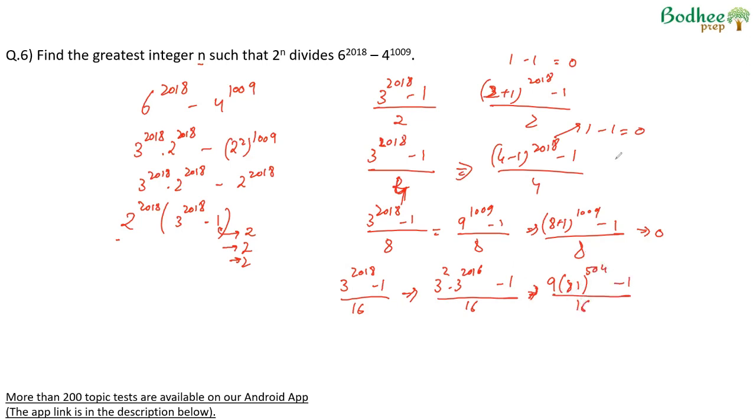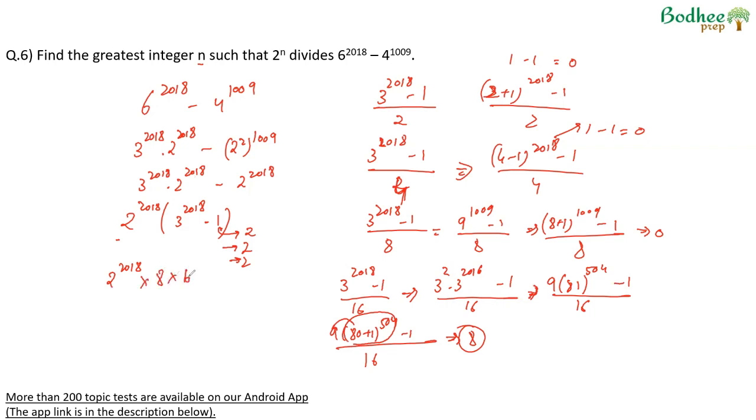Now 81 is 80 plus 1, so when we divide 9 into 80 plus 1 raised to power 504 by 16, we'll get a remainder of 1 from here multiplied by 9 and minus 1. So the remainder that we'll get is 8 overall, which means this term is not divisible by 16. Hence, we can write this term as 8 into something which is not a power of 2 anymore.